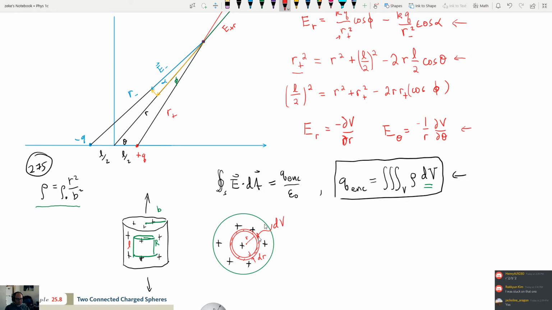It's going to contain some amount of charge dq, right? But now we just need to say what dv is, okay? It's a geometrical object that has a radius r, a length l, and a thickness dr. So basically, does anyone know what dv would be? This is purely just geometry.